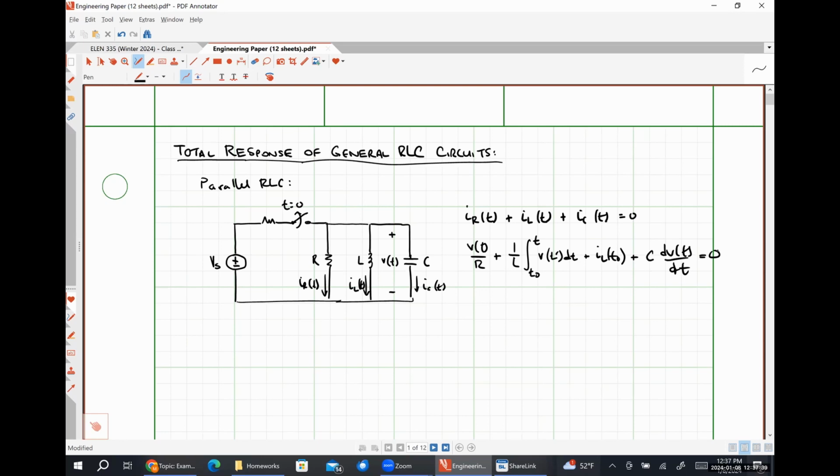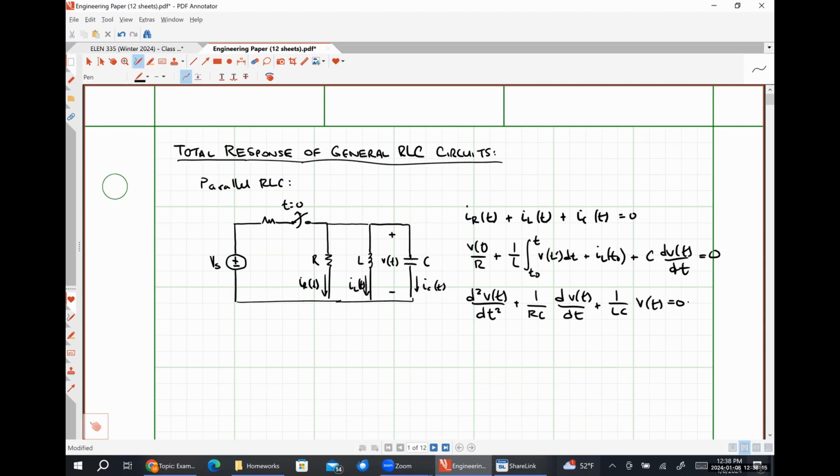Taking the derivative of both sides and moving some stuff around, we wind up getting the second derivative of the voltage with respect to time plus 1 over RC times the first derivative of the voltage with respect to time plus 1 over LC times the voltage is equal to 0.